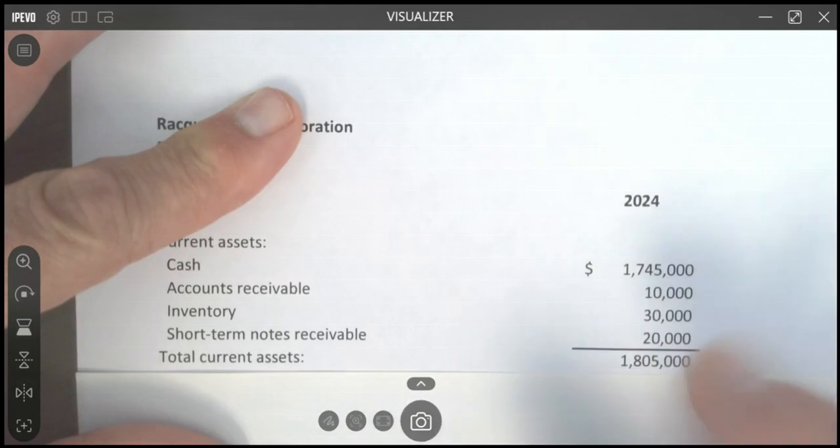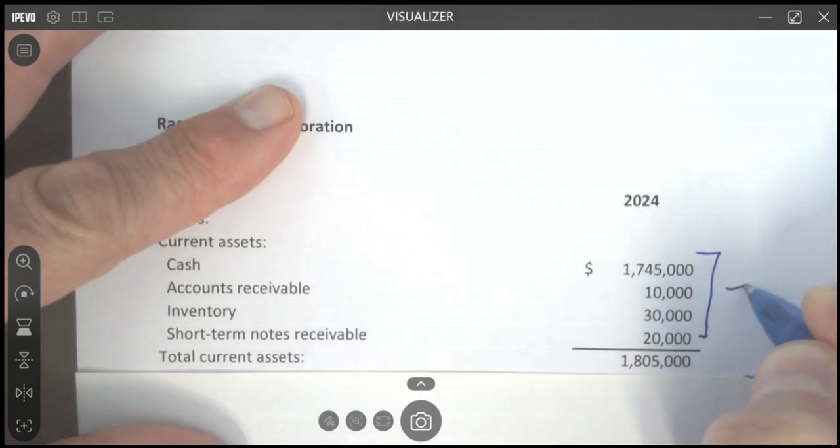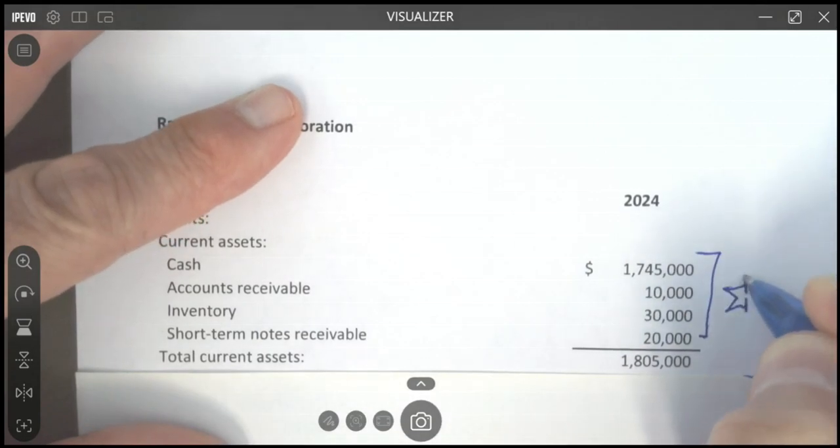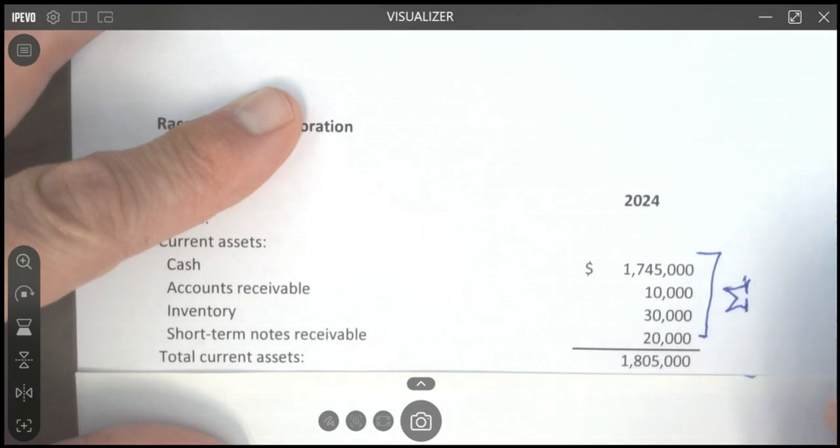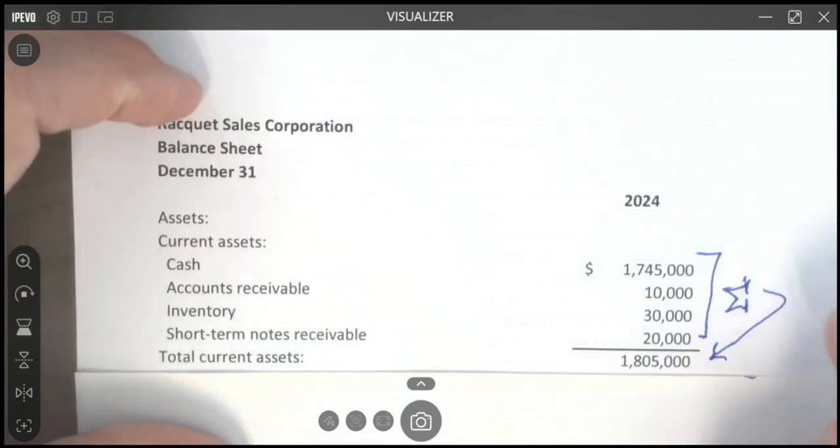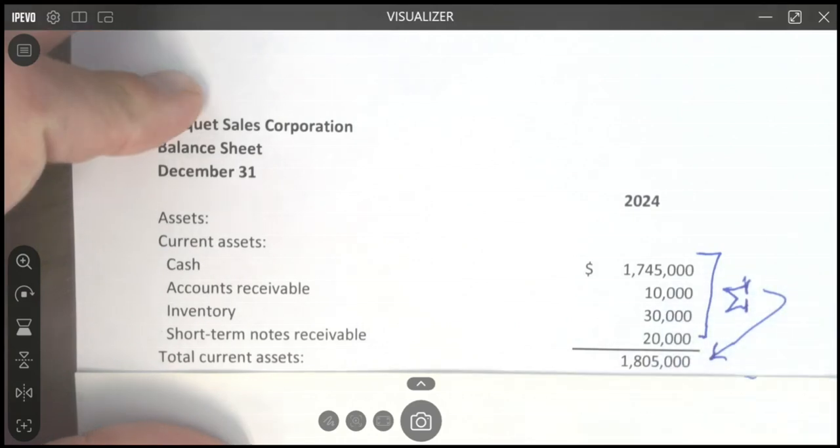And so total current assets is the sum of these. The Greek letter sigma is used for sum, and if you add those numbers up, you'll see that they come to 1,805,000.